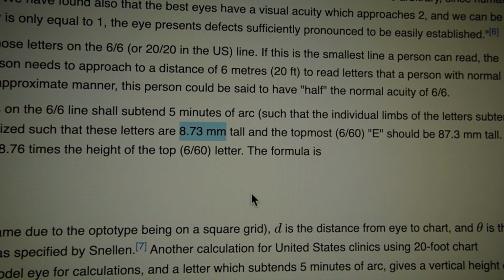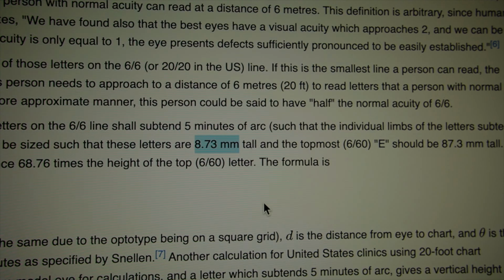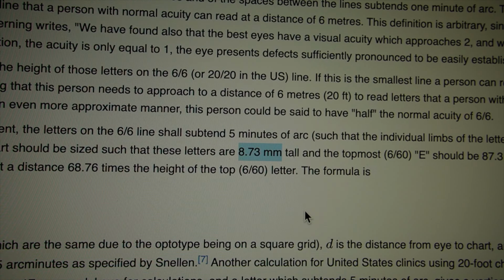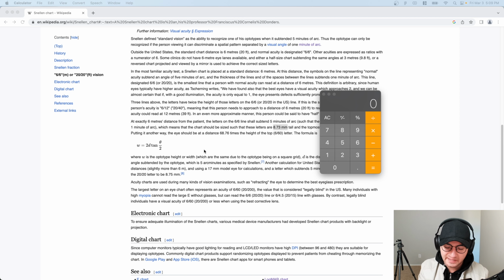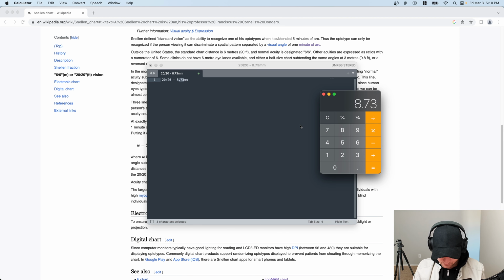I mean, I don't know if you're going to put this on television, but you don't even know what you're talking about. So as we already know, the height of the 20/20 row should be 8.73 millimeters. There's going to be some sort of a scaling factor. 8.73 times 0.75, and it's going to be 6.5 millimeters.